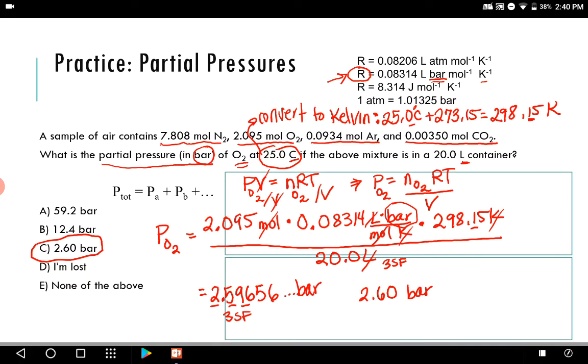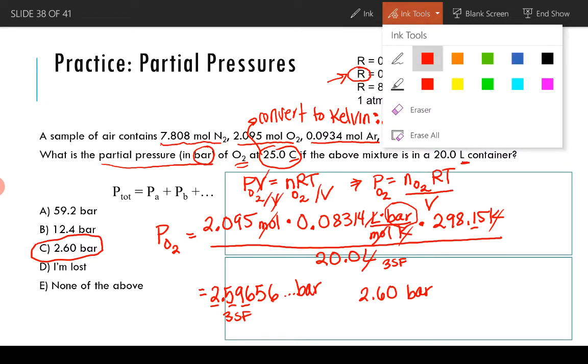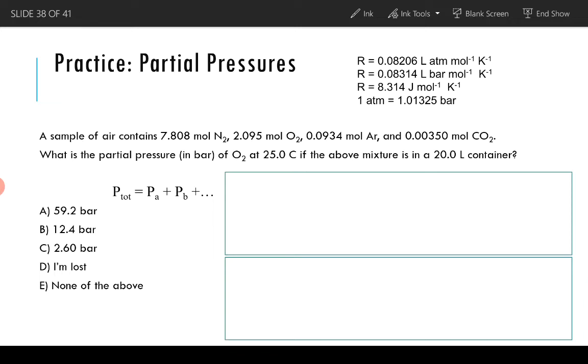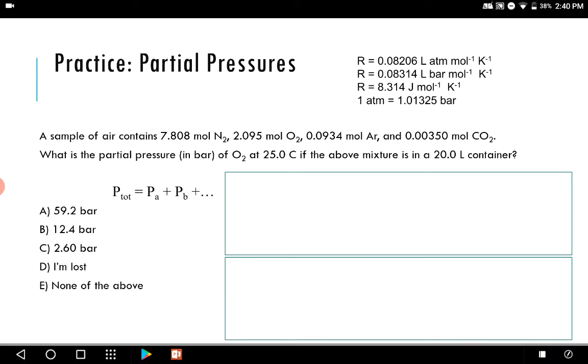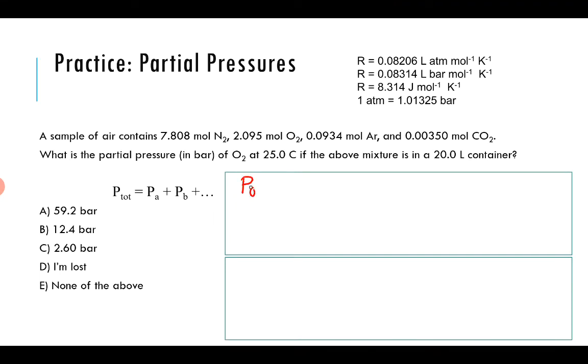Now, there's a different way of solving this problem. So let's go ahead and erase all of this and solve it a different way. So another way you could solve the problem is using our partial pressures of O2. And so that says that my partial pressure of O2 will be equal to my total pressure times my mole fraction of O2.